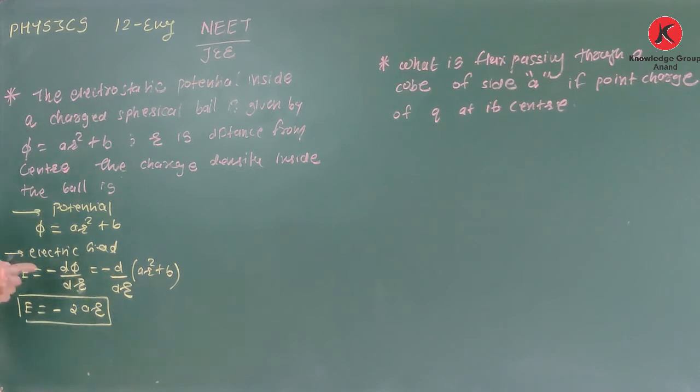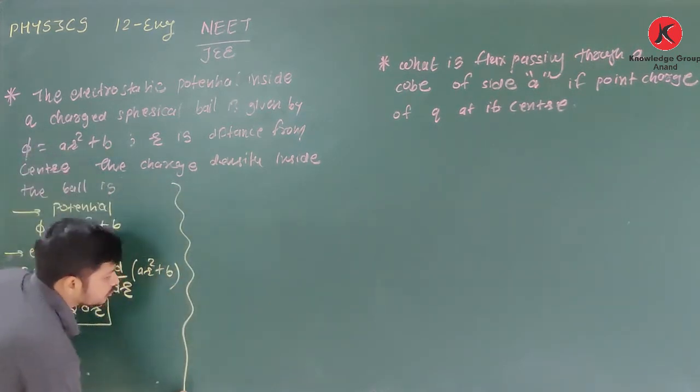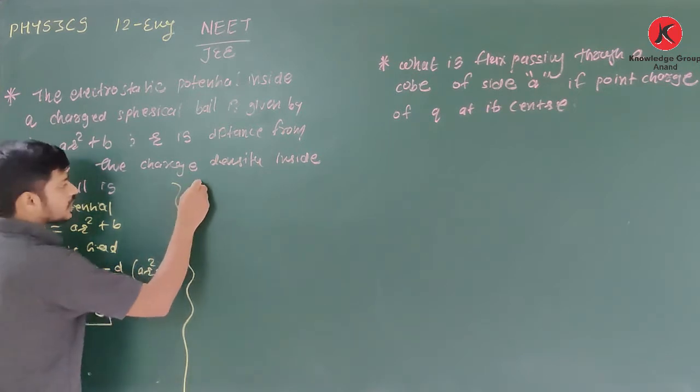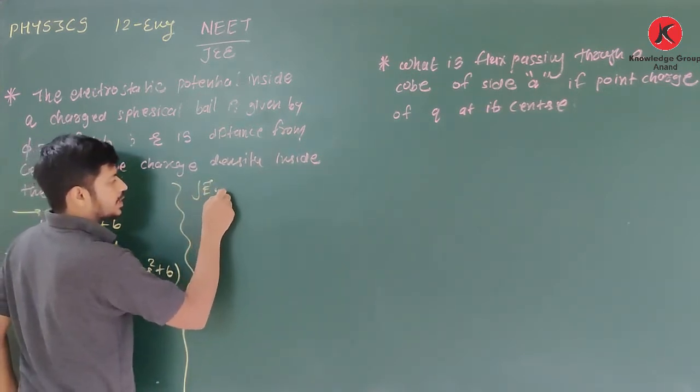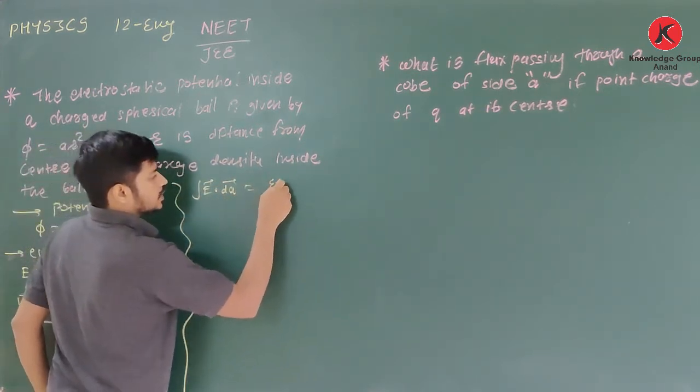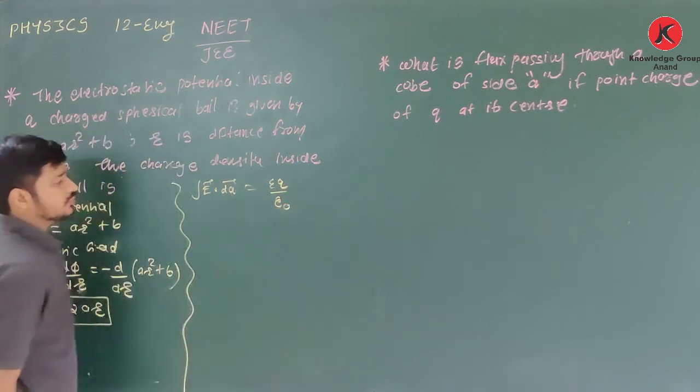Now we have to find charge density. Charge density means charge per unit volume. So first of all we have to find charge, and we will find it with the help of Gauss's law, that is integration of E dot dA is equal to sigma q upon epsilon 0.